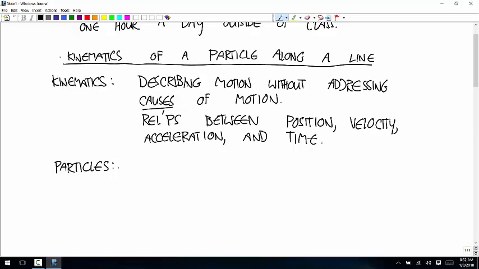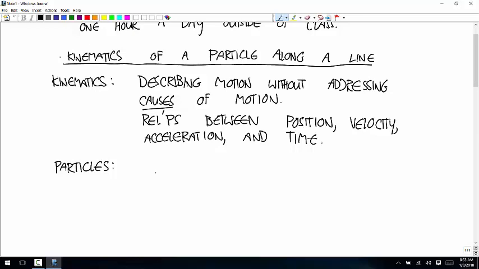But for example, when you do planetary physics, you treat planets as particles, and those aren't very small. So what it really has to do with is just how you use the math to model the thing, and that's based on what you want to know about the object.